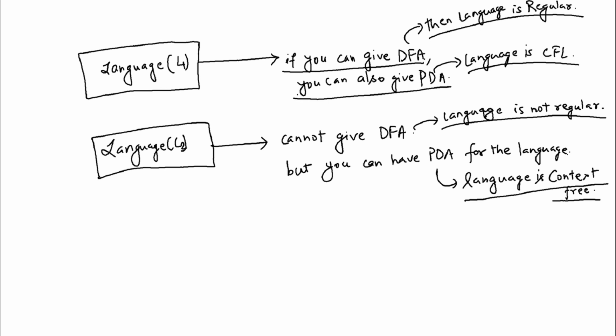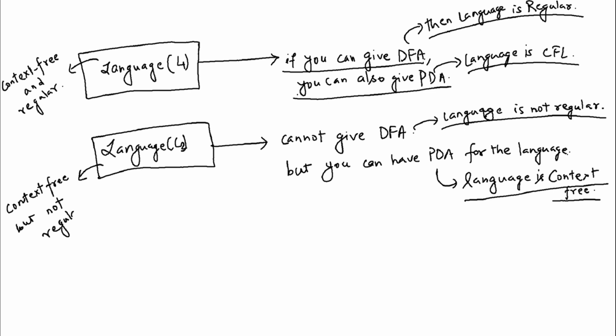So L1 is a context-free and regular language, and L2 is context free but not regular.